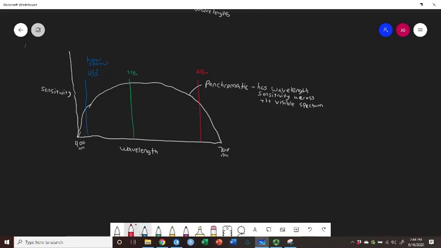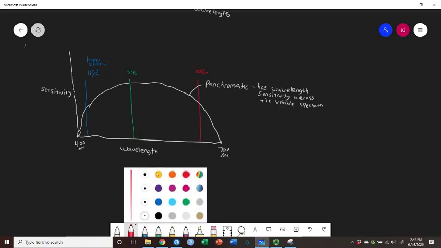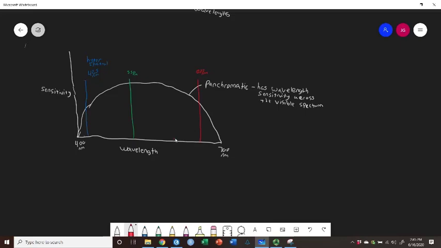So what is that going to look like as opposed to, say, broadband multispectral? Broadband multispectral, on the other hand, is going to still be in the red region. But it is going to pull in information from a wider wavelength region.